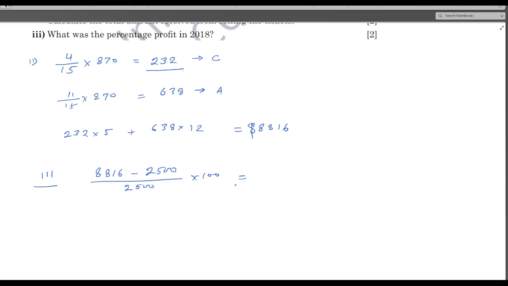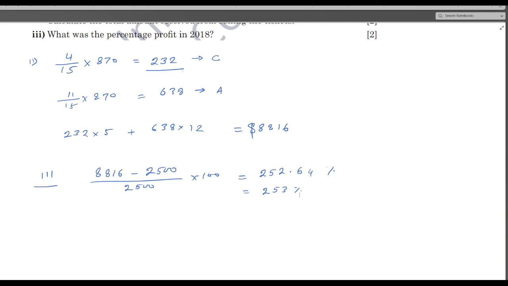So your result here is 252.64%. 252.64 means I will say that 0.64 percent, or simply I will say 253%. Okay, so this is the profit percent, 253 percent. Next question.